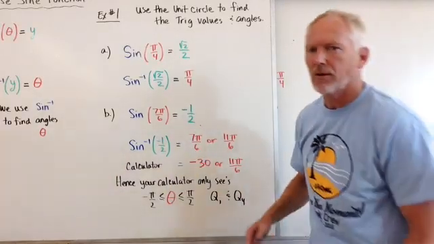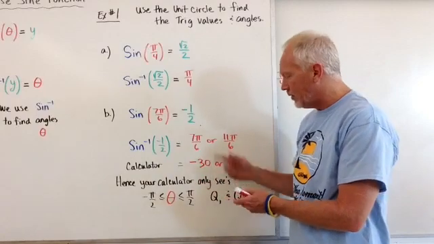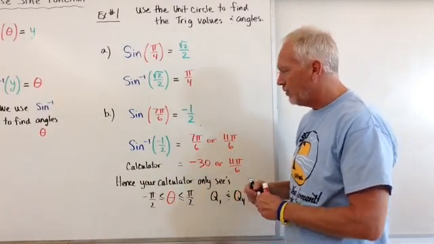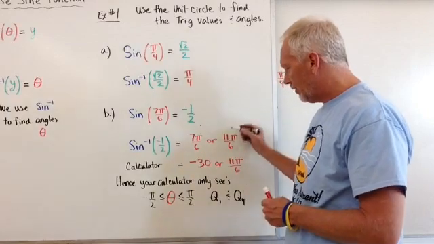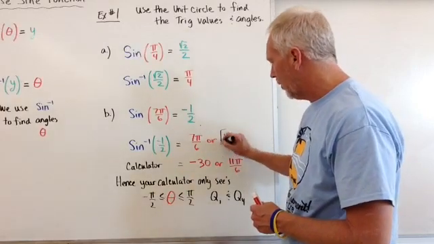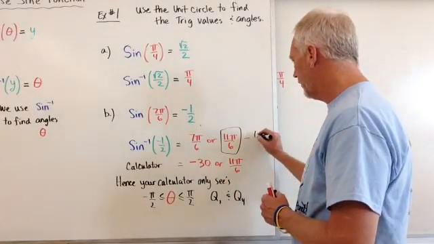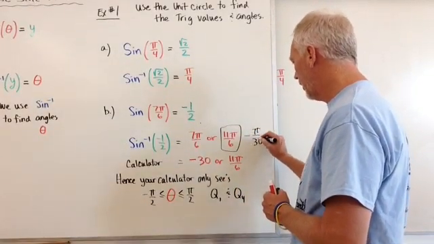So the inverse sine will only give you some of the answers. Now, if they're looking for an exact value, well, then the 11 pi over 6 would be more accurate of an answer, or a negative pi over 6.